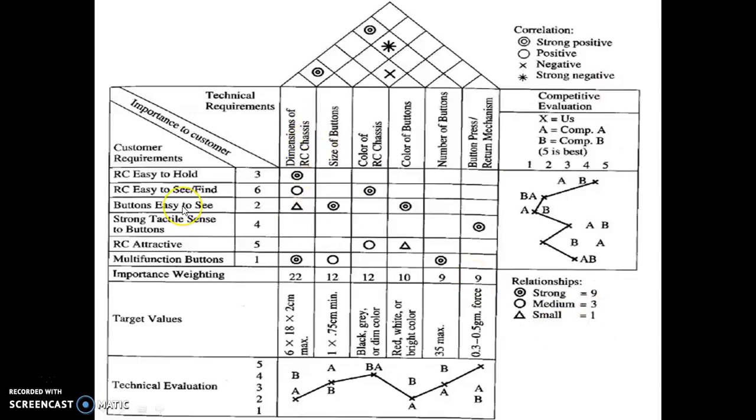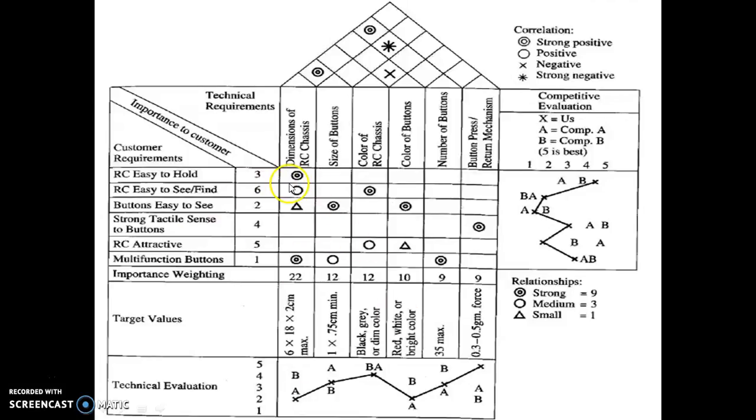So we can see that the relationship between the dimension of the remote control and its ease of being seen is very small, as indicated by a triangle, and the remote control's easiness to hold is strongly related to the dimensions of the remote control chassis.